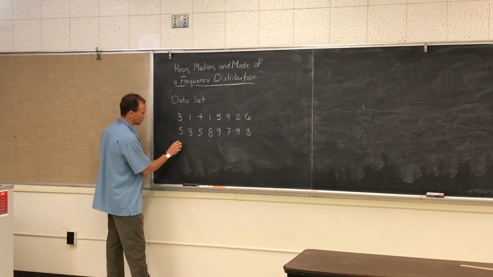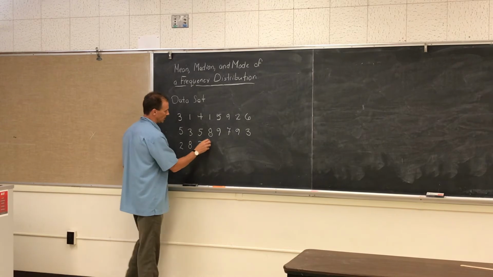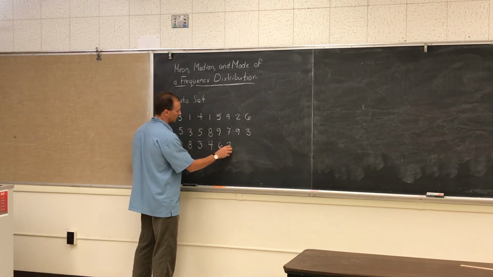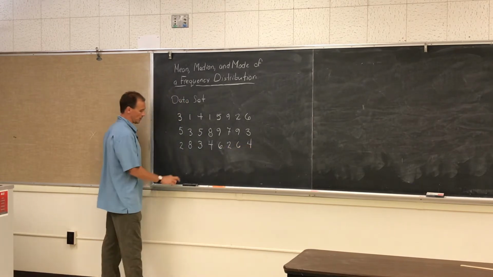Our next row is going to be 2, 8, 3, 4, 6, 2, 6, 4. 2 more rows.